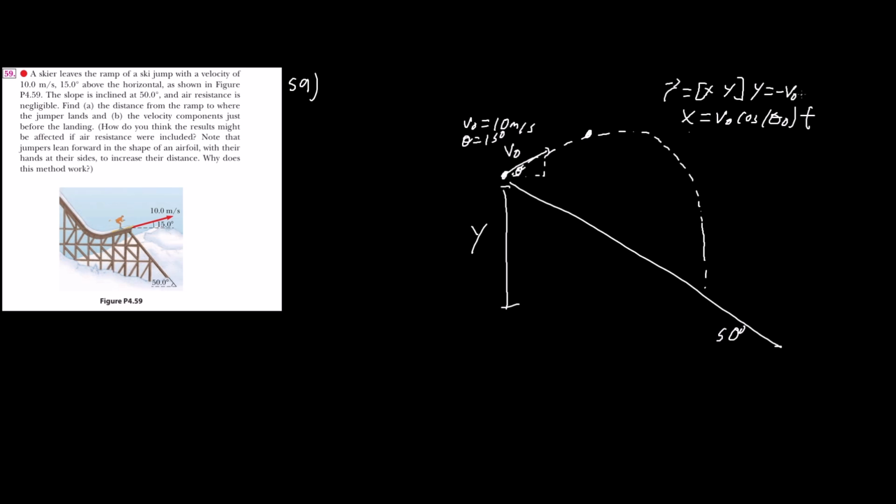So y is v naught sine of theta naught t minus g over 2 t squared. The reason is that I want my y component to represent the positive component. A nice little trick.